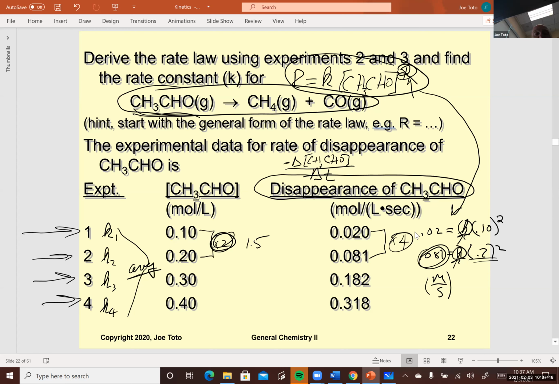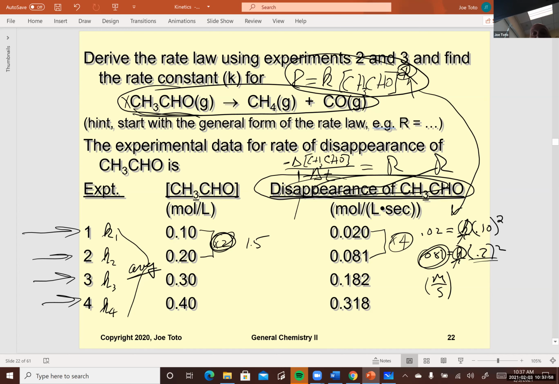Remember, we would be scaling that by the stoichiometric coefficient, in this case 1, and that would equal the rate of the reaction. So another way to label this column here is just call that the rate of the reaction, because the rate of appearance or disappearance of any of the products or reactants with the stoichiometric coefficient of 1 equals the rate of the reaction. And we showed that's true in our last meeting.